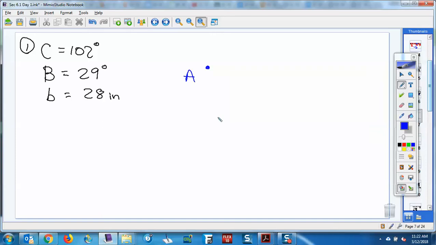You're going to see why later on. It doesn't matter, but for that ambiguous case, it's going to be helpful. If you're picky about having things to scale, you want it to look like an obtuse triangle, that's fine. It doesn't matter.